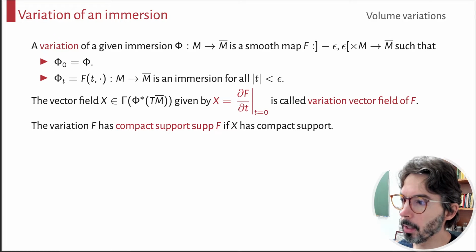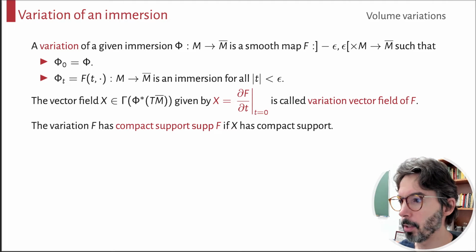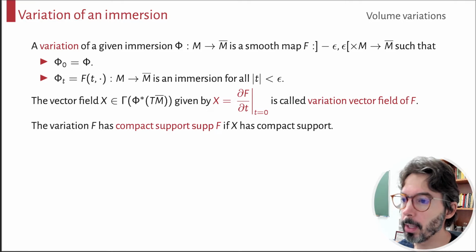The vector field, defined as the partial of the variation with respect to the time, is called the variational vector field of the variation. So we will say that the variation has compact support if the variational vector field has compact support.